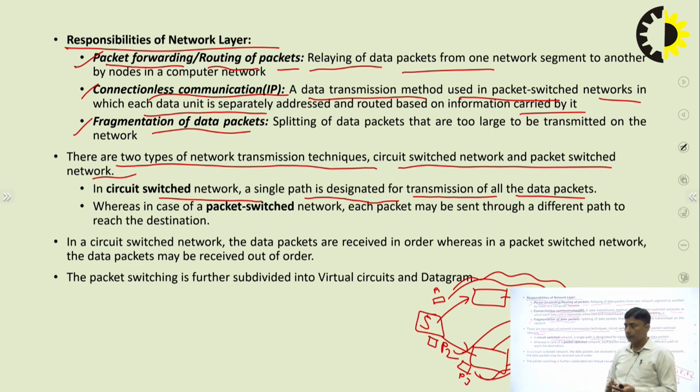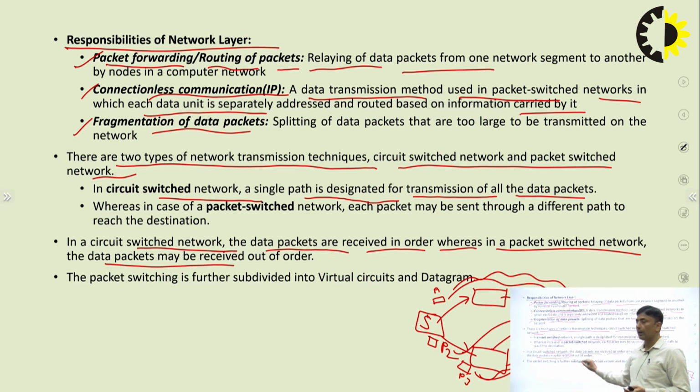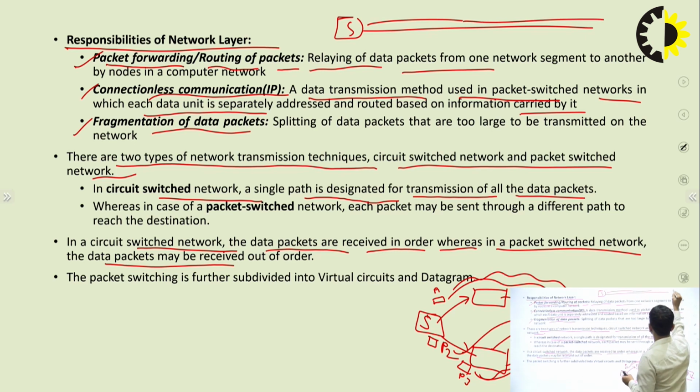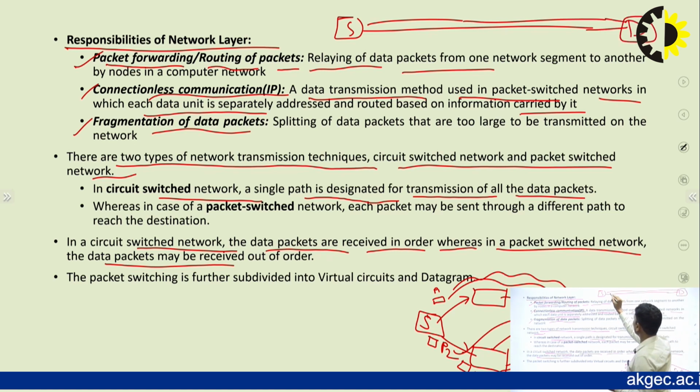So in a circuit switch network, the data packets are received in order, whereas in a packet switch network, data packets may be received out of order. Because in circuit switch there is a logical circuit from source to destination that is reserved, each and every packet follows the same path.